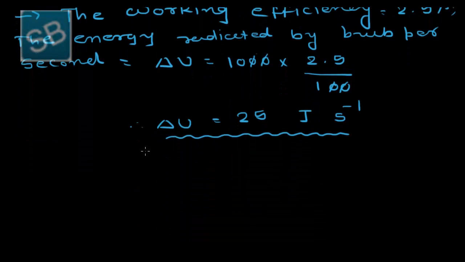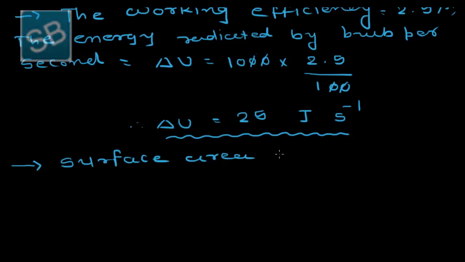Now, if we consider the bulb at the center of the sphere, then the surface area of the sphere is given by A is equal to 4 pi r square. Now, the bulb is put at a distance of 10 meter.